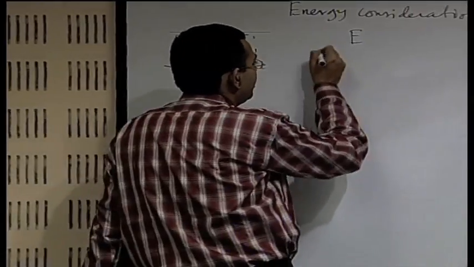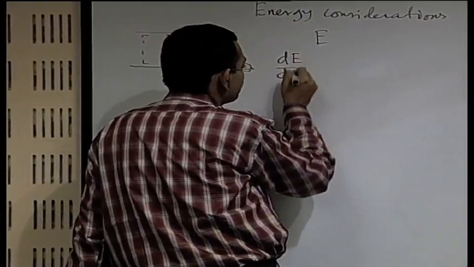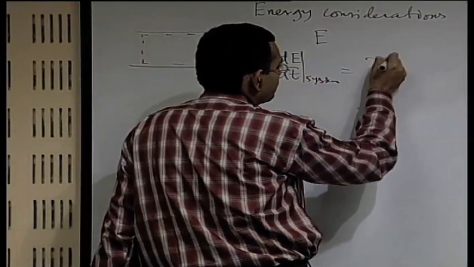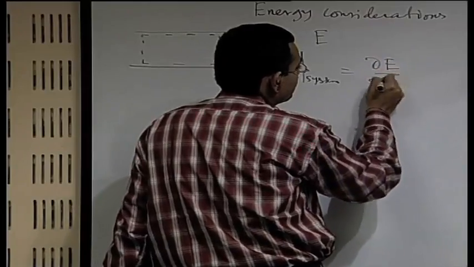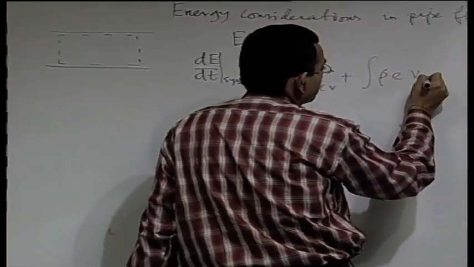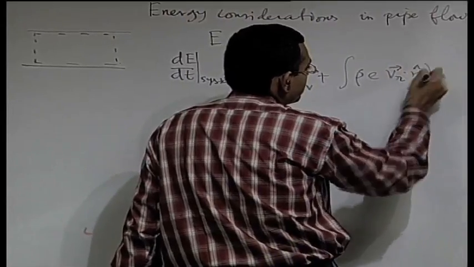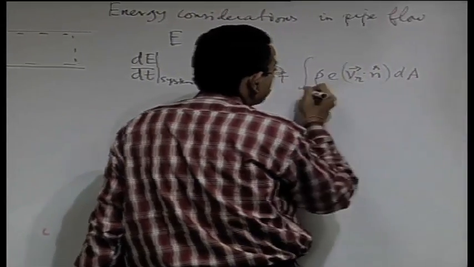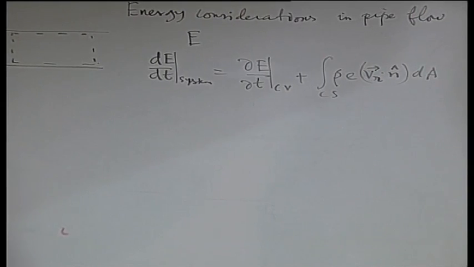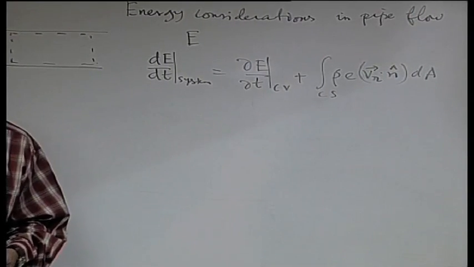So we can write dE/dt for the system, where capital E is the total energy and small e is the energy per unit mass.